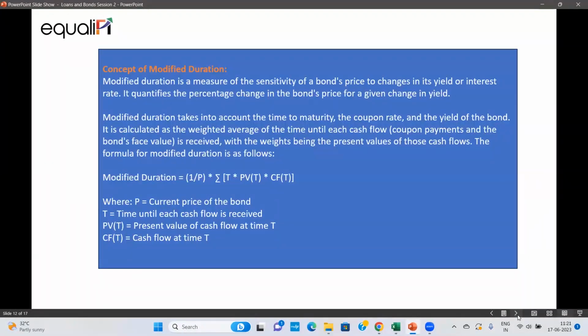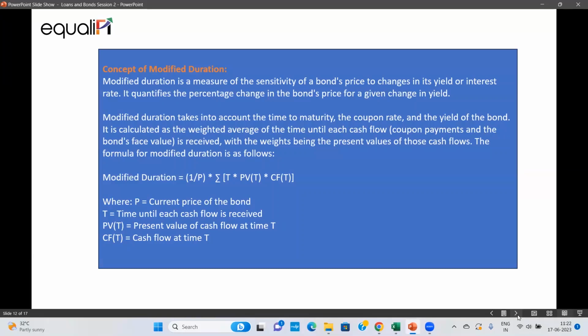Now I'll talk about the concept of modified duration. Modified duration is a measure of the sensitivity of the bond's price to change in its yield or interest rate. So when the interest rate changes, how does the bond's price change, and what is the sensitivity?